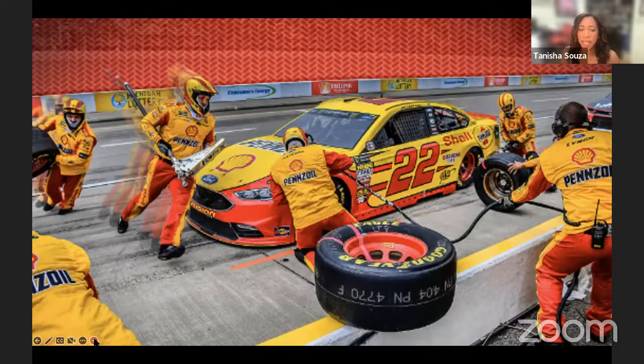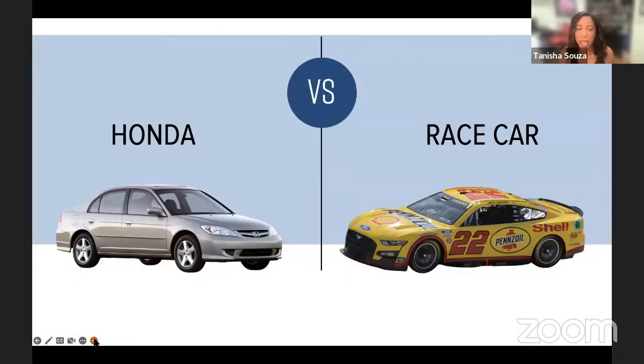Now, I want you to think of it like this. Think about a race car. If you put a race car on a track with a Honda and you're trying to see who can go 2 laps fastest, which car is going to win the race? It's going to be the race car. Why? The race car goes faster and it uses a different type of fuel.